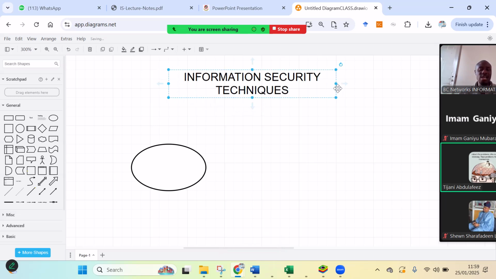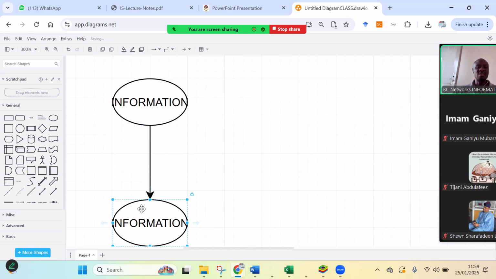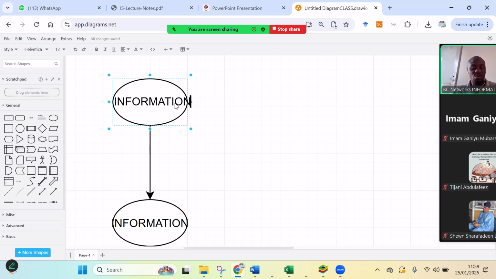So we try to look at the construct or how we can approach the study objective. That is, we define information as what? Rather than defining information, to make it clearer, we define it as information system.